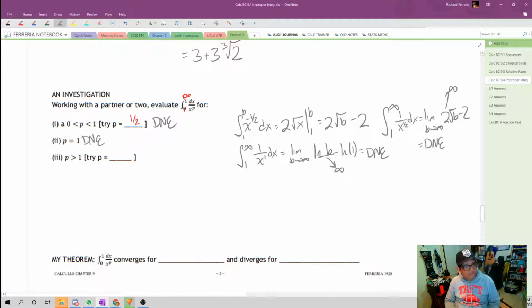And what about the last one? Some number bigger than 1. Well, we could pick 2. Why not 2?